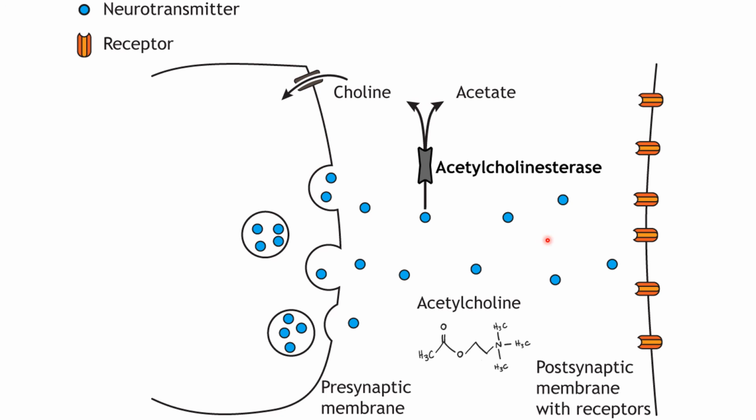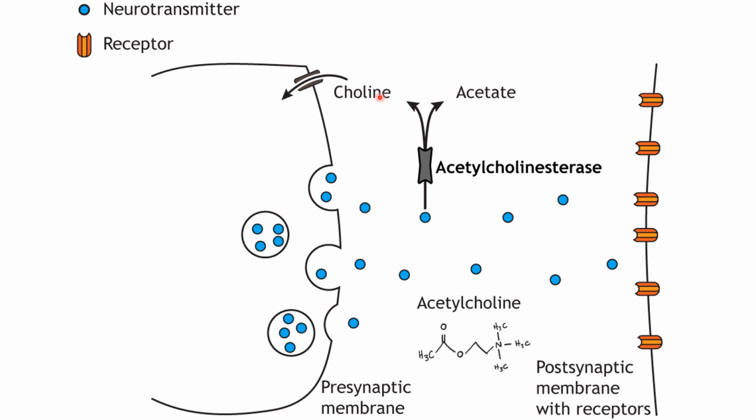Some of the acetylcholine will be able to bind to its receptors, and some will be broken down and will undergo catabolism. So acetylcholine is degraded into choline and acetate by the enzyme acetylcholinesterase. In the synaptic cleft, you have the presence of the enzyme AChE, which will break down acetylcholine into two components, the choline and the acetate.